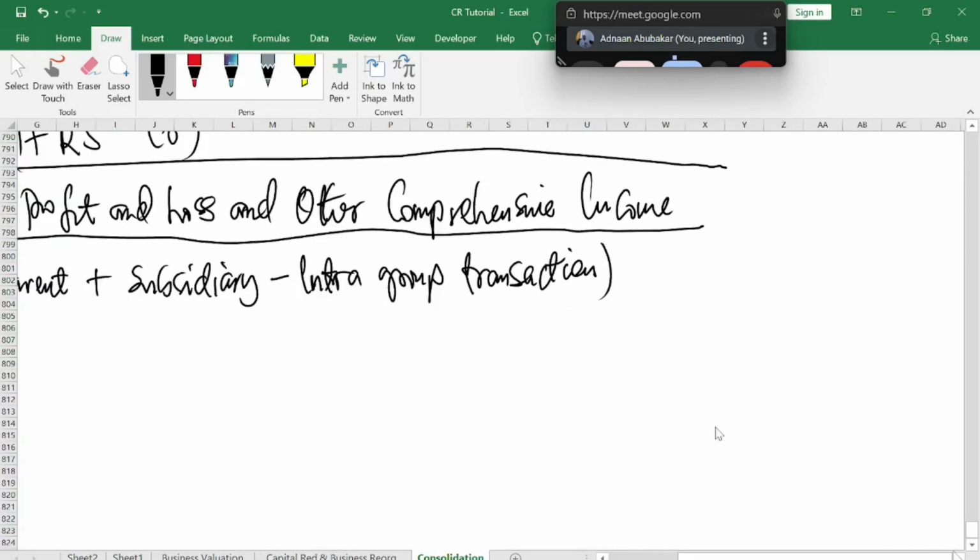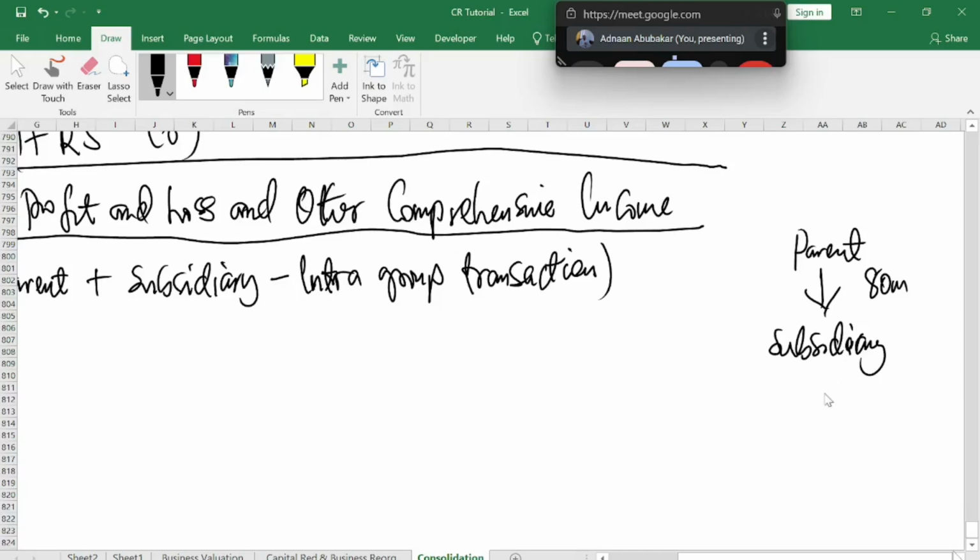Whilst at it, you will be seeing some intra-group transactions and we'll deal with them. Let me give you an example. If the parent is transacting with the subsidiary, maybe the transaction is worth 80 million, so here the parent sold to the subsidiary.